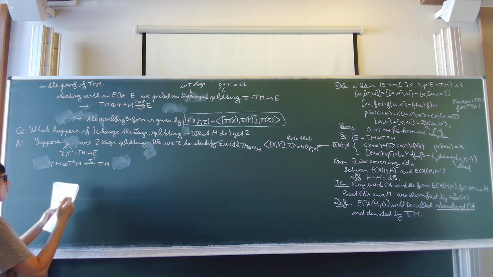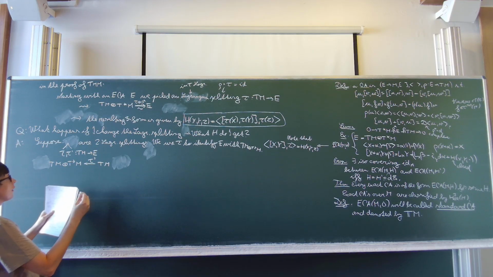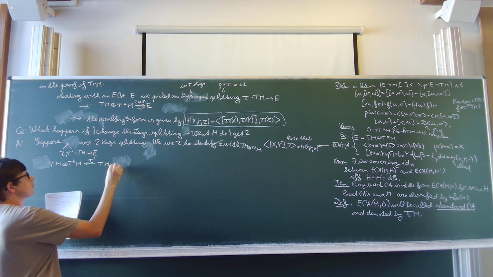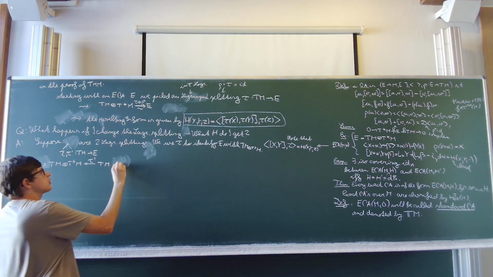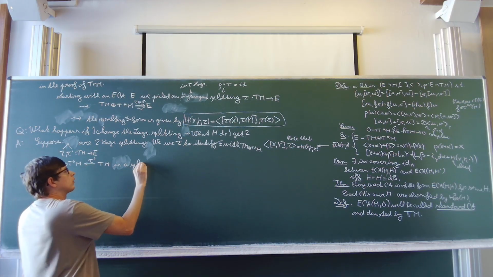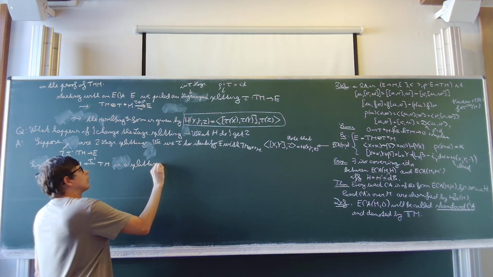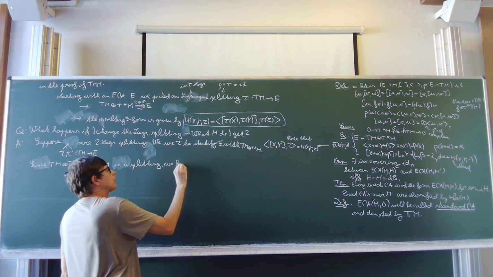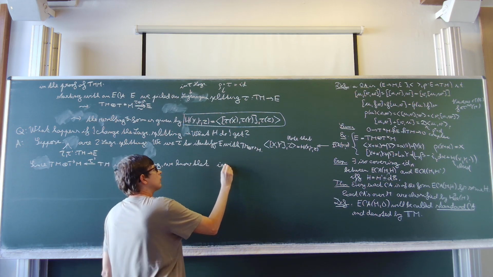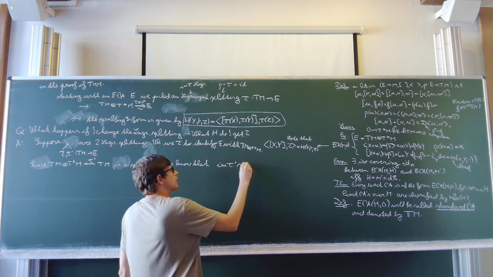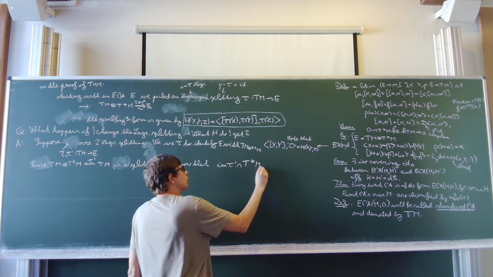So first of all, we know that since this is a splitting, the image of L prime has zero intersection with the cotangent bundle.